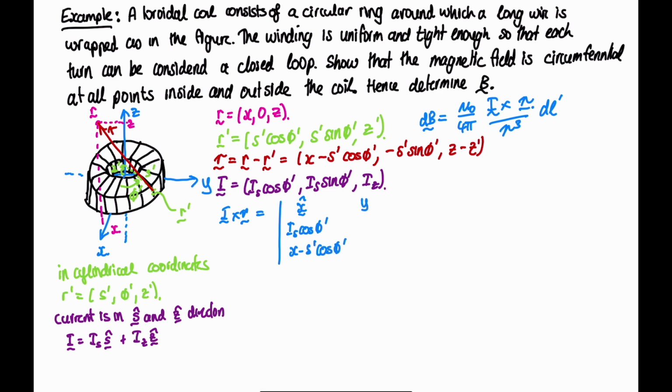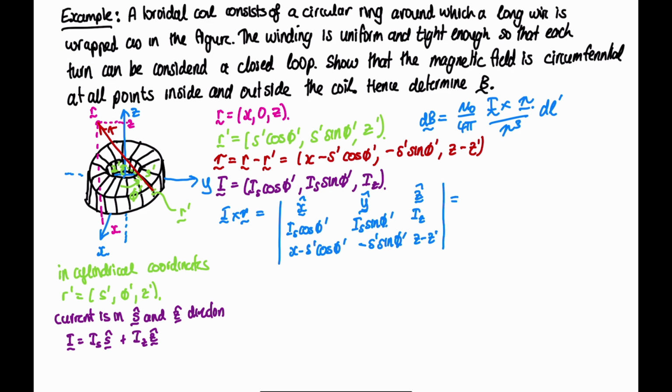In the y direction, we've got I_S sine phi prime and y minus s prime sine phi prime. And in the z direction, we've got I_Z and z minus z prime.